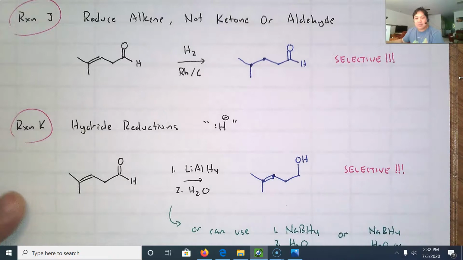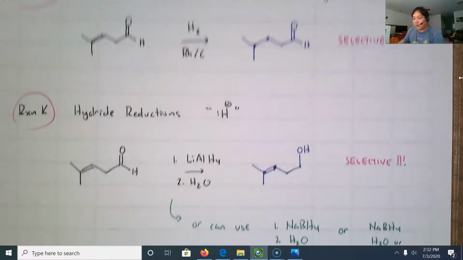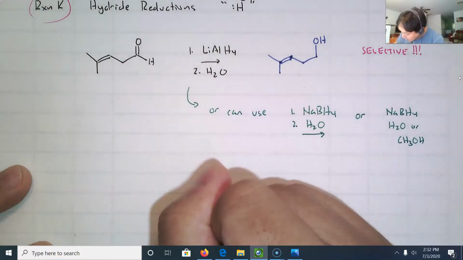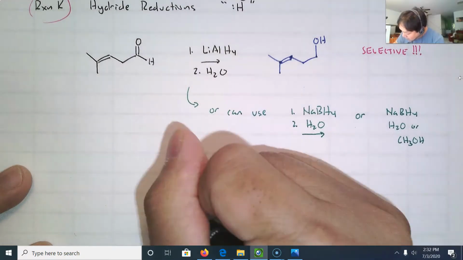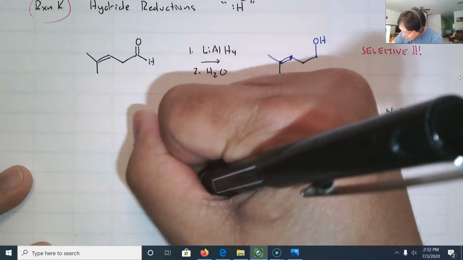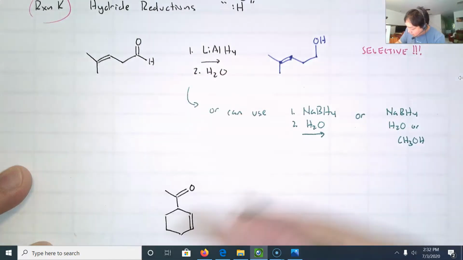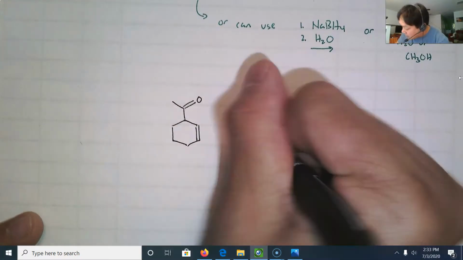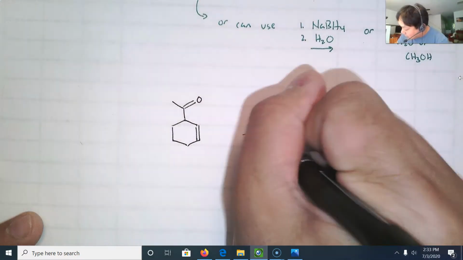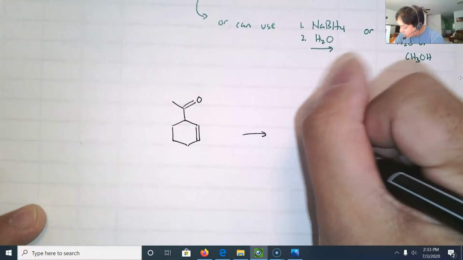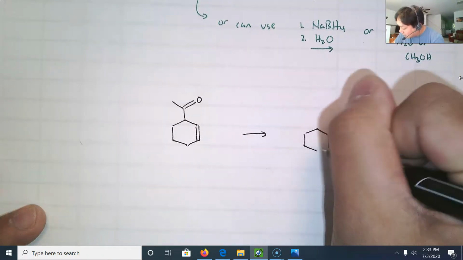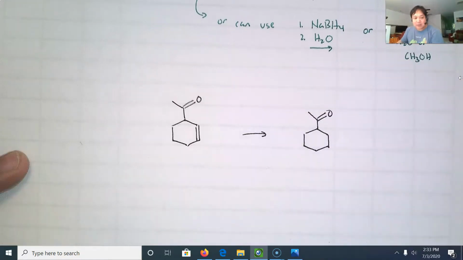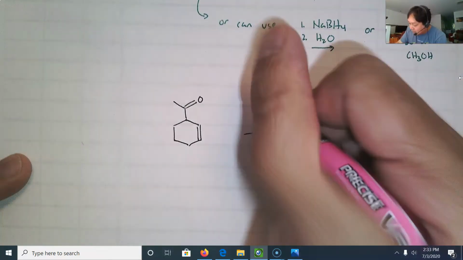So I will leave you with an at-home problem. Definitely pause the video once I'm done showing you this problem. If I want to reduce only the carbon-carbon double bond, how do I do this? Your question mark is right here.